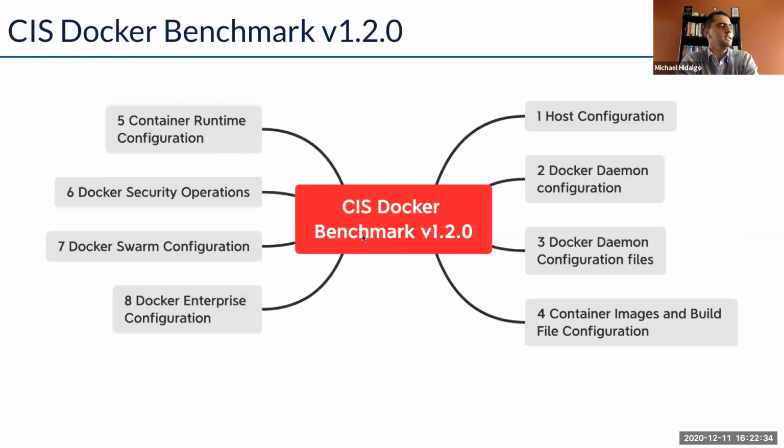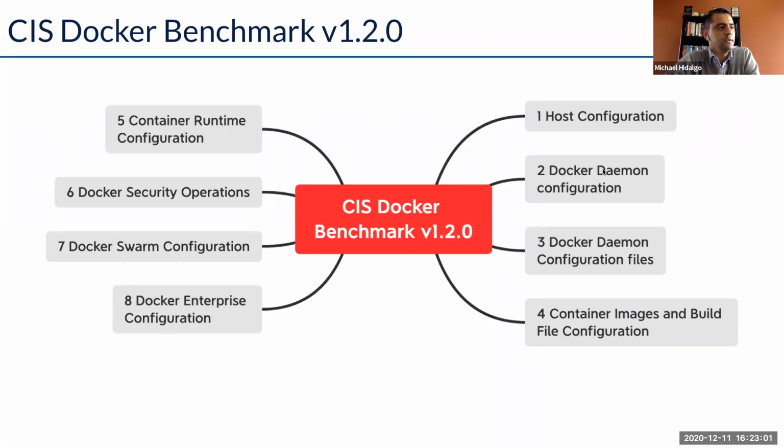So what we did is we extracted the CIS Docker benchmark. The current version is 1.2.0. And as you can see, the main elements or stages of this benchmark cover everything related to host configuration. That means what security elements you need to take into consideration from the host security point of view.